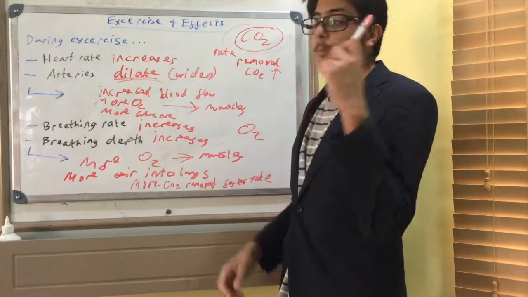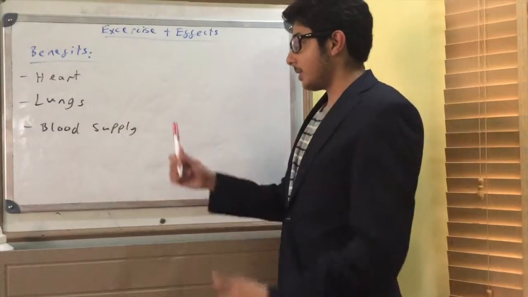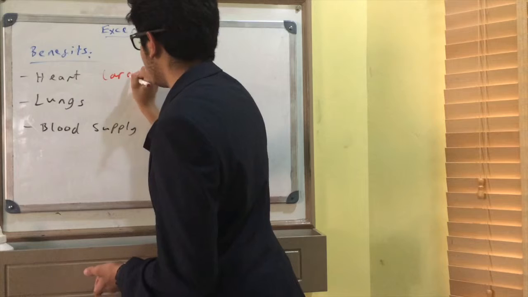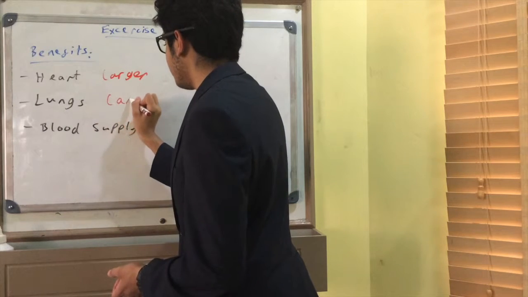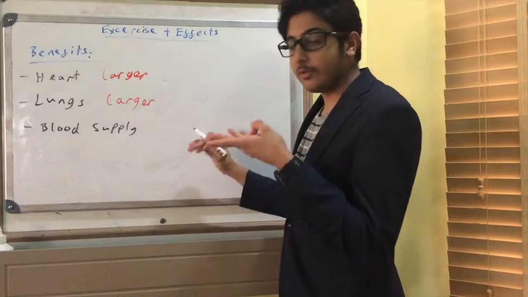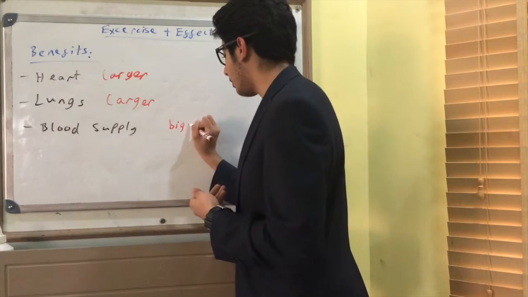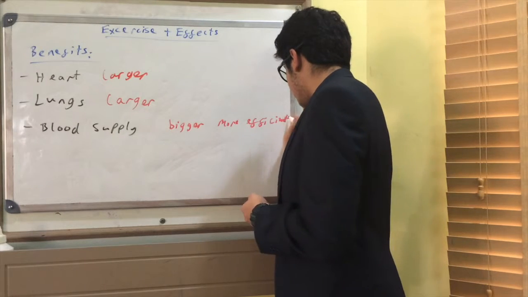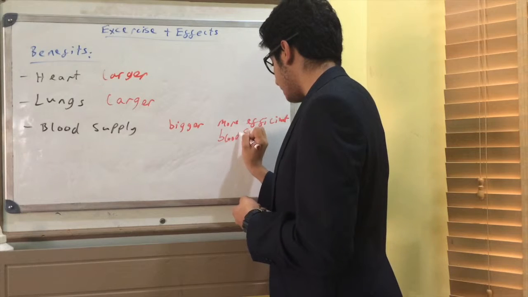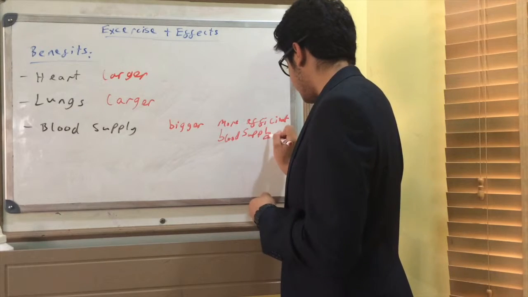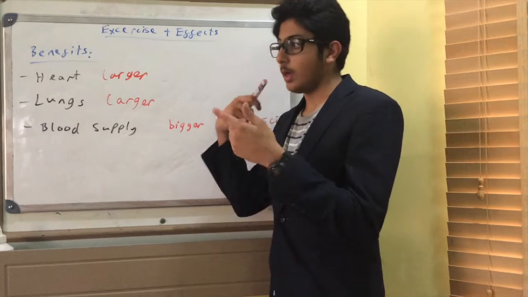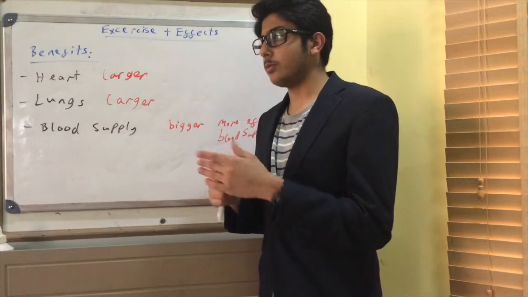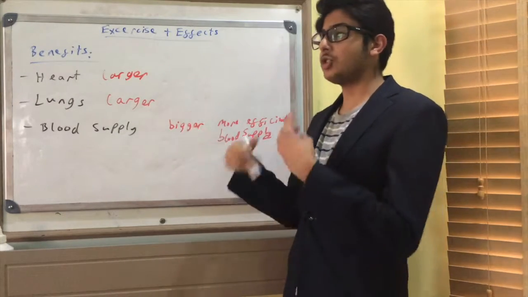And now we're going to move on to the benefits of exercise. Okay, so something happens to your heart and your lungs. As you do more exercise, your heart becomes larger, as do your lungs, and both of them develop a bigger and more efficient blood supply, which means you can respire more efficiently and you will run out of breath at a longer time, and you will require anaerobic respiration much later.